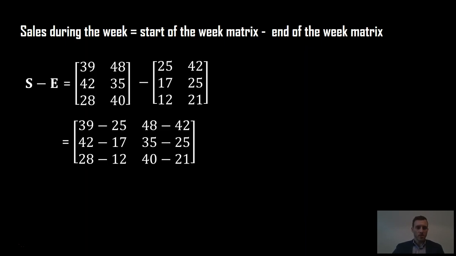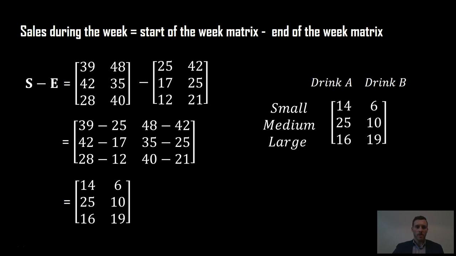We take away the corresponding elements, so our 2 matrices were of the same order, and we can simplify and we get this matrix here. At the end of the week, we can say that we sold 14 small drink A's, 25 medium drink A's, and 16 large. We sold 6 small drink B's, 10 medium drink B's, and 19 large drink B's.